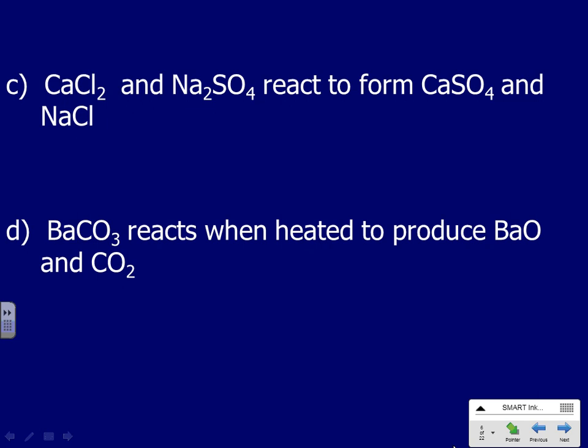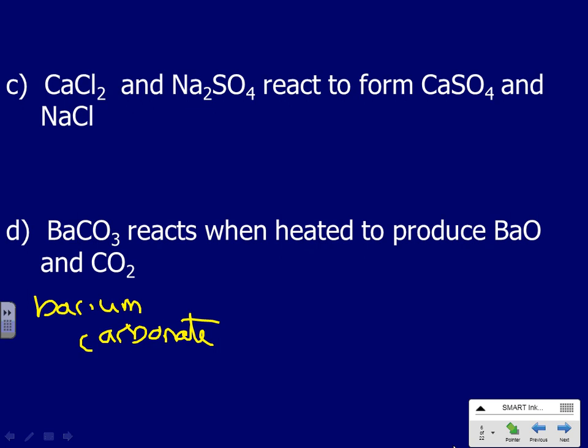What is this first stuff called here? Yep, Marissa. Barium carbonate. Barium carbonate. Now notice it says it just reacts when heated. In this case, we have no other reactants.